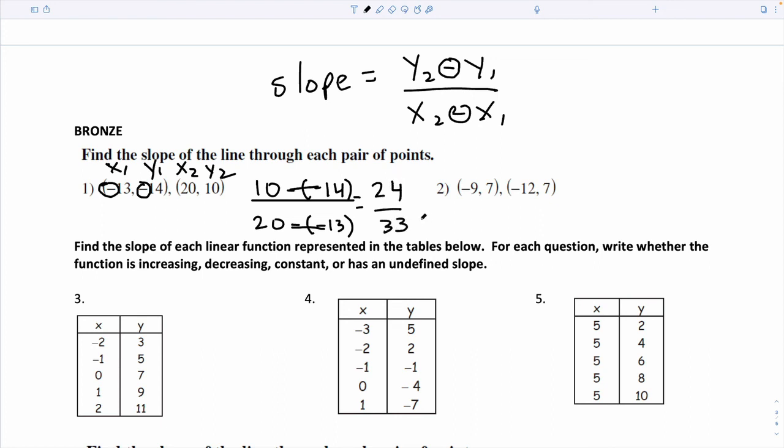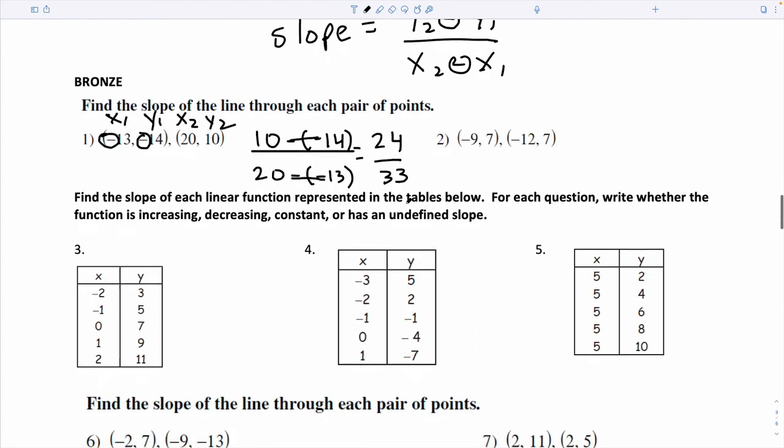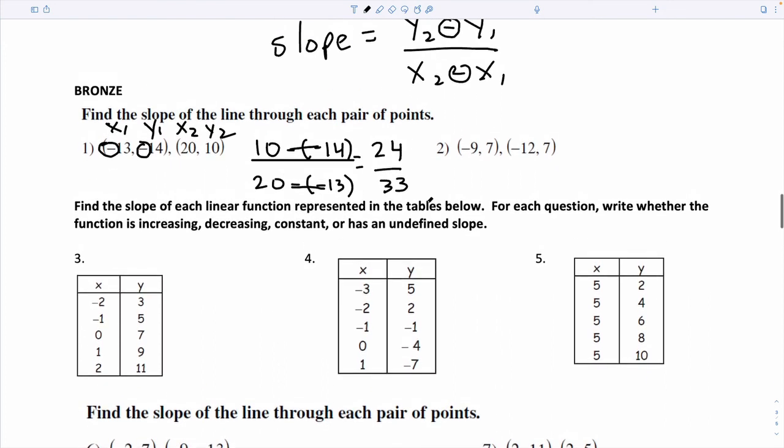Did anybody check the answer? For bronze, yeah. Okay, then I might be able to simplify. Can I simplify 24 and 33? No. Let's try by 3. 24 divided by 3 is 8, and 33 divided by 3 is 11.